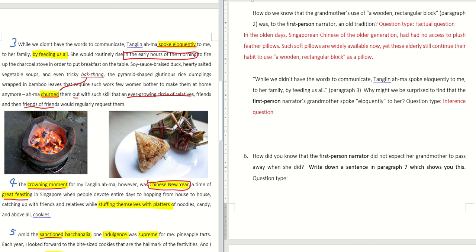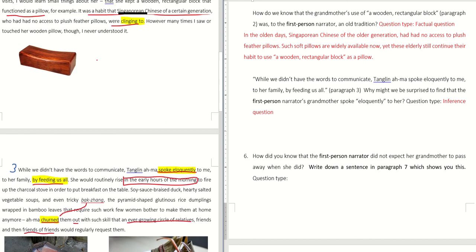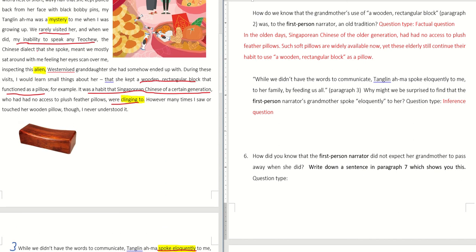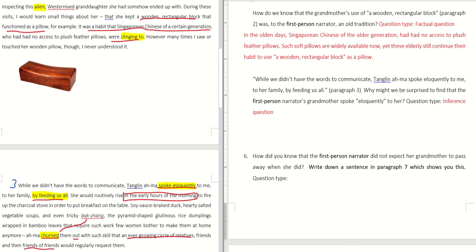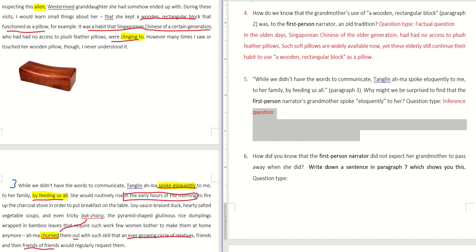And why is it surprising? By feeding us all. So you have to reference that and remember that the writer could not speak any Teochew and the grandmother could not speak any English. So why is it surprising that they are able to speak eloquently? Read between the lines.